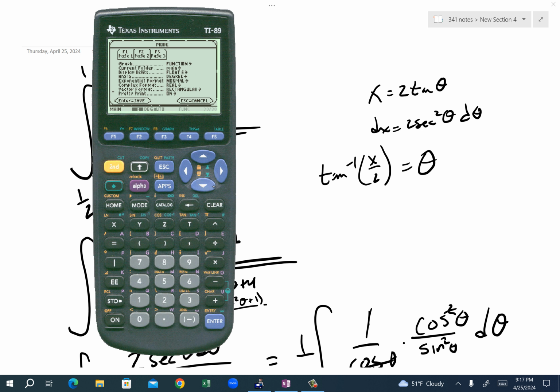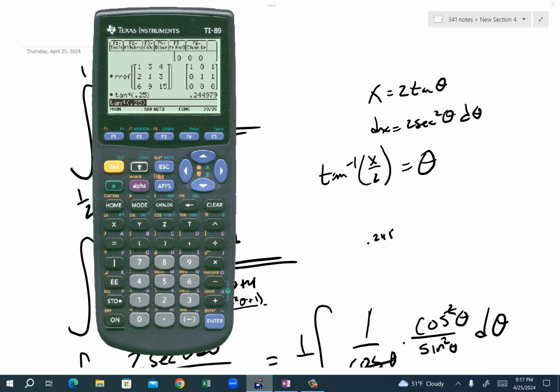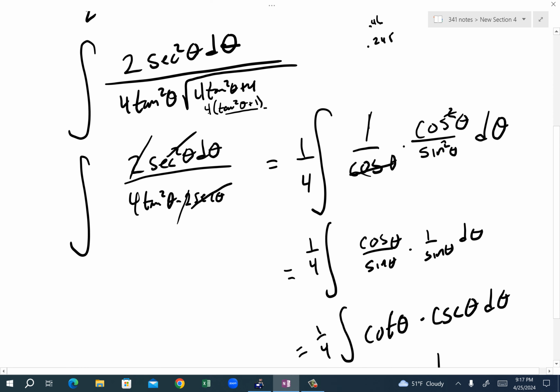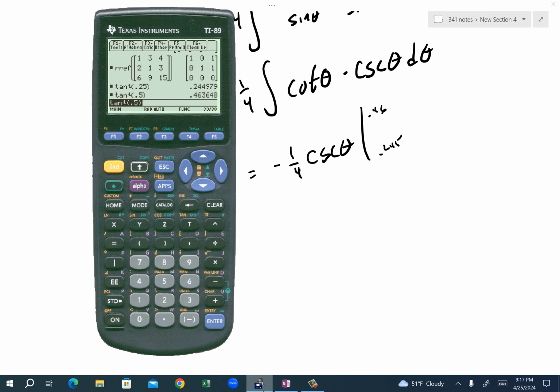Arctan 0.25 is basically 0.245 on the bottom end. On the top end with the 1/2, it's 0.46-ish.